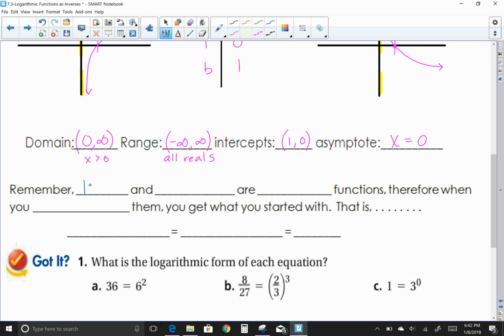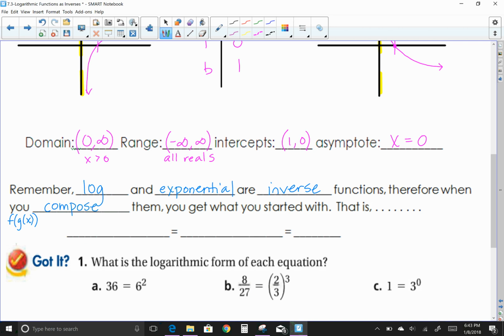Remember, as I said, the log and the exponential functions are inverse functions. Therefore, when you compose them, now what does that mean to compose them? I don't know if y'all remember this, but that's when you do like f of g of x.